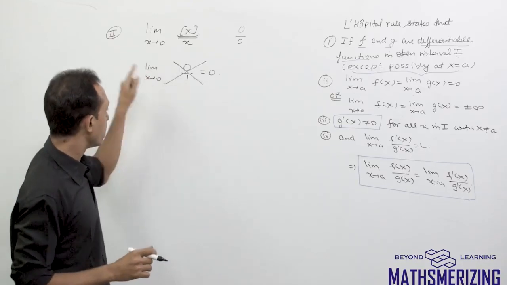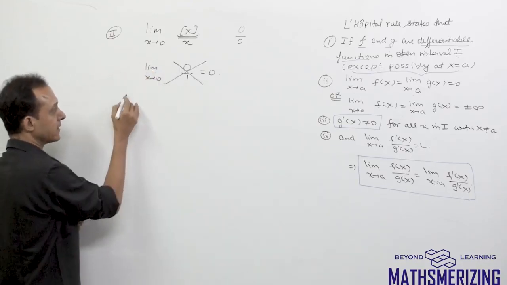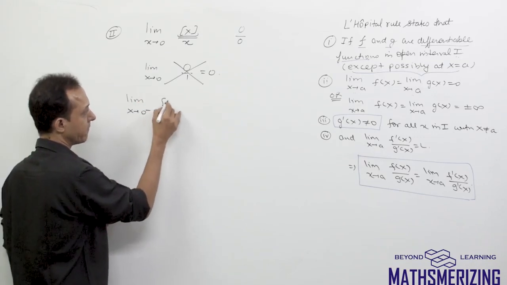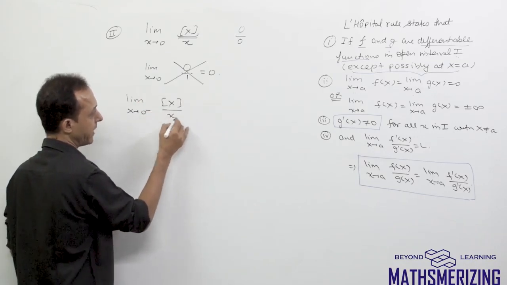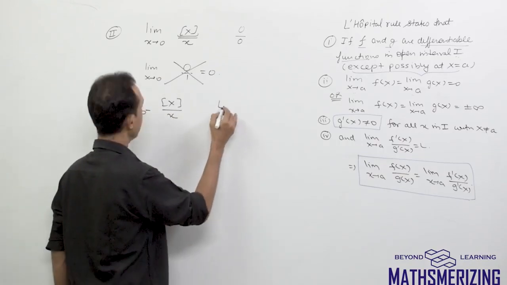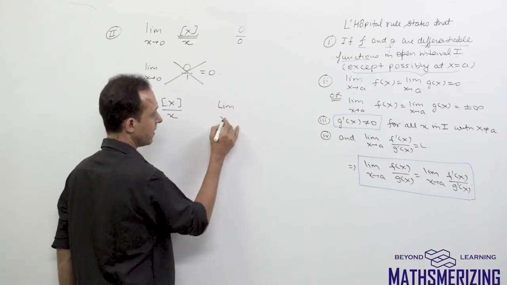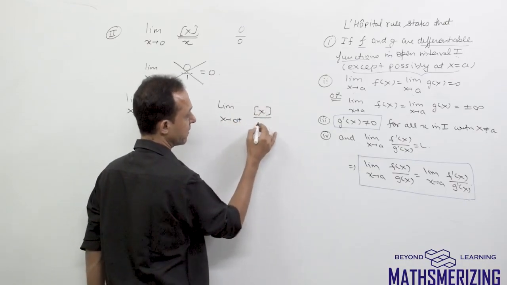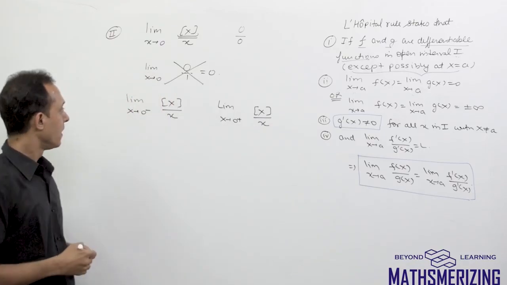So what I can actually do is write this limit as the limit x tends to 0 negative of the greatest integer function of x upon x, which is its left hand limit, and I can write its right hand limit, which is limit x tends to 0 positive of the greatest integer function of x upon x.